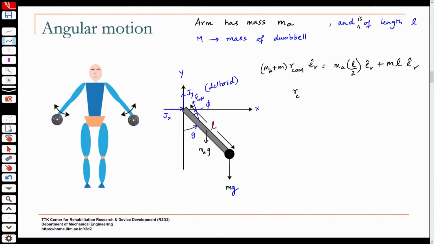So my R COM would be m a L by 2 plus m L, divided by m a plus m. So I would just have to find the resultant center of mass, assuming these are point masses.